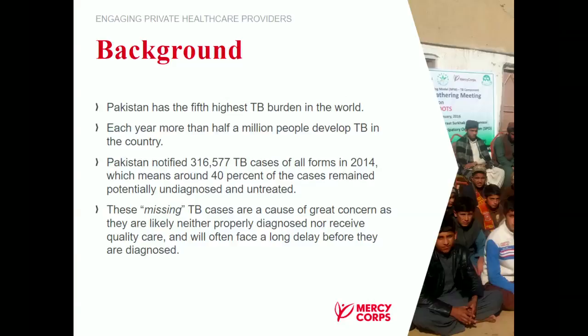And although case notification over the last few years has really increased, there's still a large percentage of missing cases, which, as you can imagine, is a great cause of concern because most likely they're either not diagnosed or not properly diagnosed, do not receive quality care, and will often face a long delay before they're diagnosed.